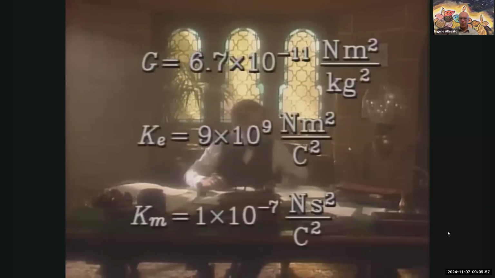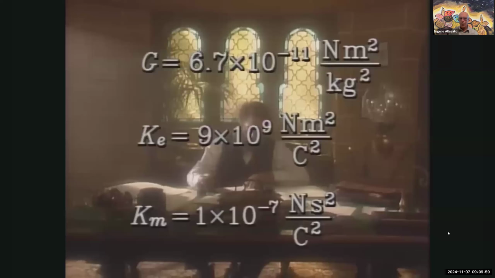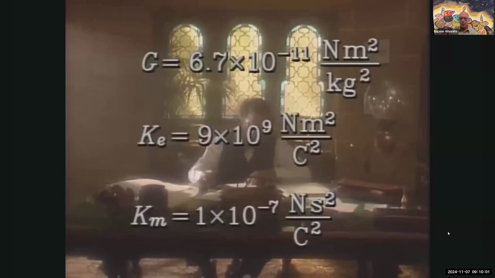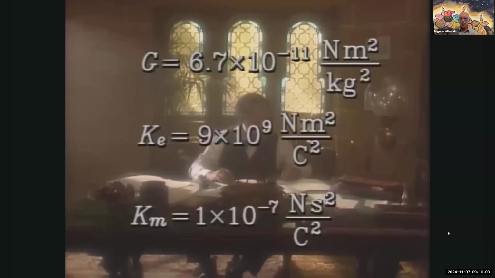At the same time, each of those has a specific constant. And in the right scientific hands, those facts got around to this. Since the fundamental forces of electricity and magnetism aren't independent, the electric constant, K sub E, and the magnetic constant, K sub M, should be related.